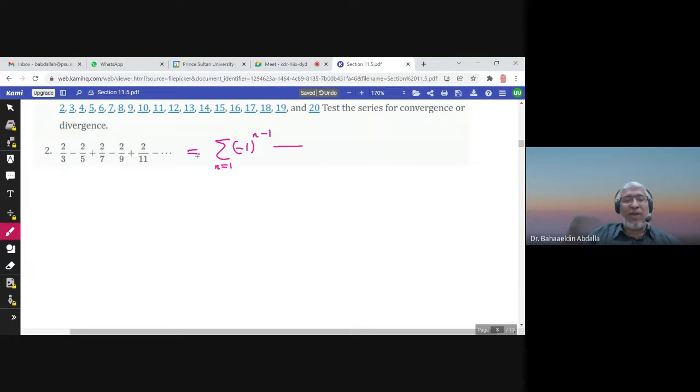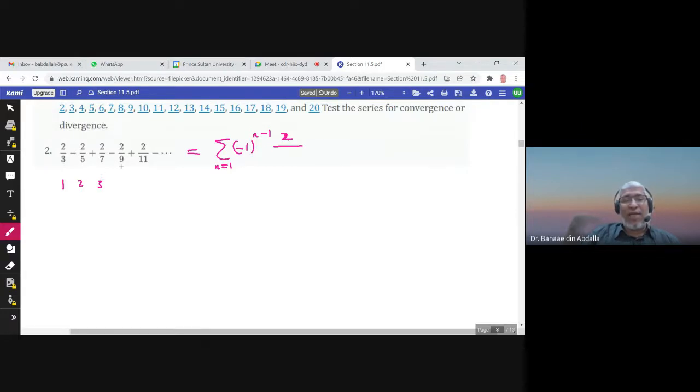And now I have a fraction and I always have 2 in the numerator. But in the denominator, when n is 1, I have 3. When n is 2, I have 5. When n is 3, I have 7. So I am adding 2 to each denominator. 3 plus 2, 5 plus 2.